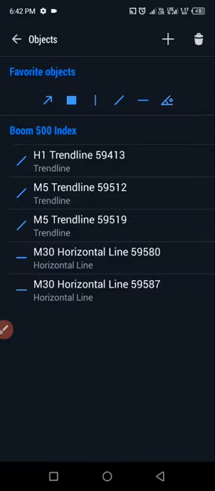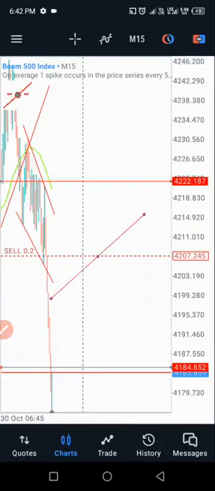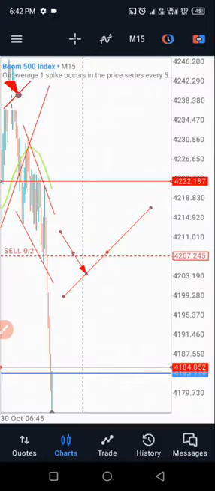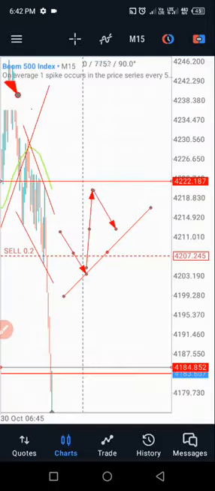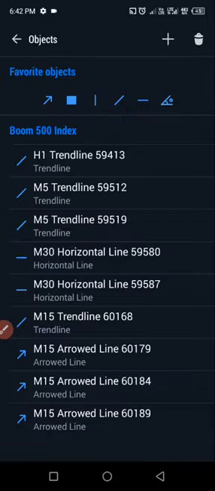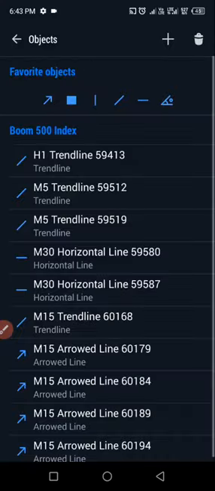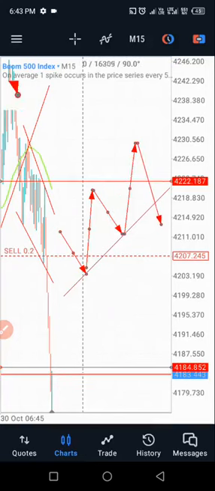Whenever a trend line forms like this, you want to see the first touch here, and then you want to see the market going up, and then you want to see the second touch here, and then the market going up again, and then you want to see the market breaking out of this trend line. So that is the pattern.